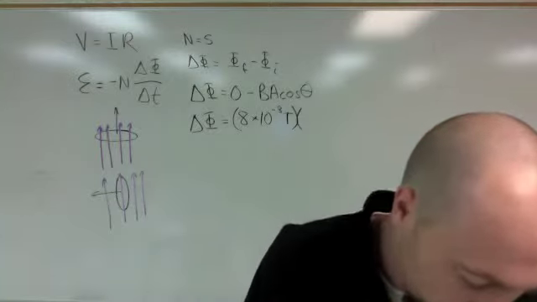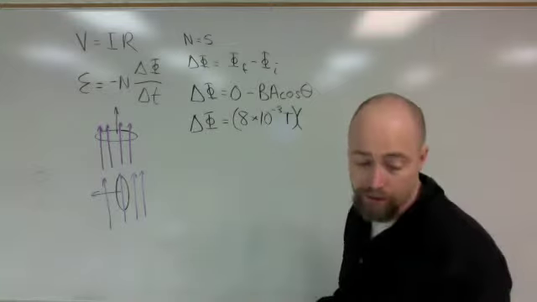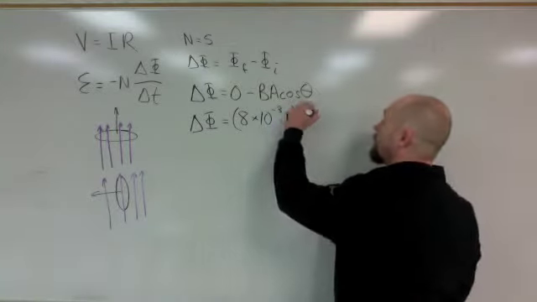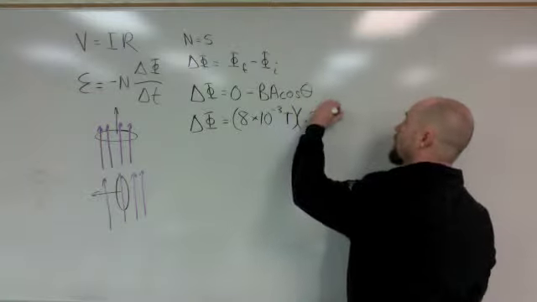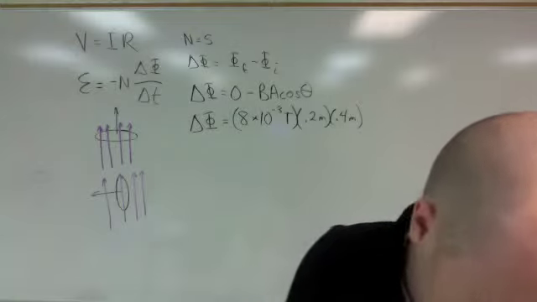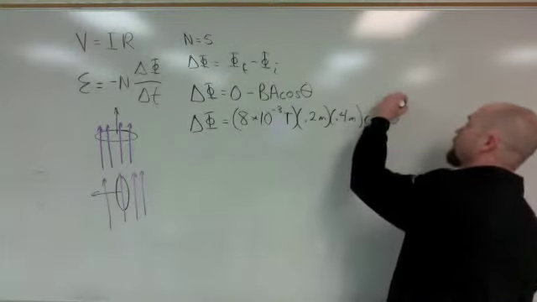My area was 20 centimeters by 40 centimeters, and yes, you do have to remember basic area formulas. So if I want to do this in meters, I'm going to do 0.2 meters times 0.4 meters, and then I go cosine of 0 degrees.